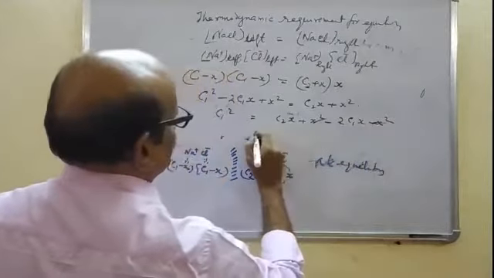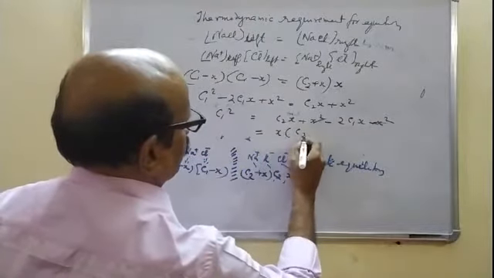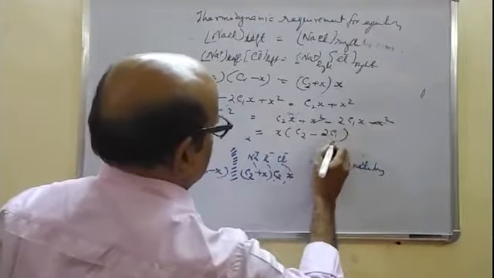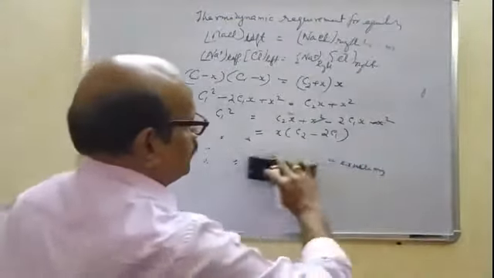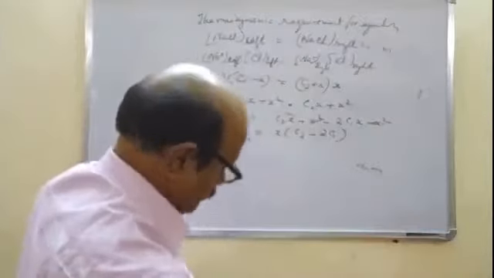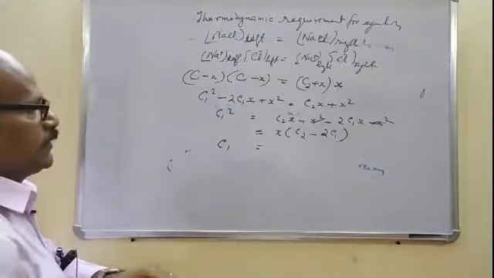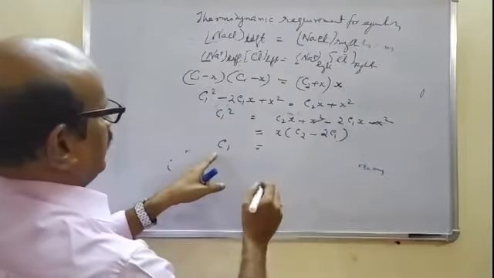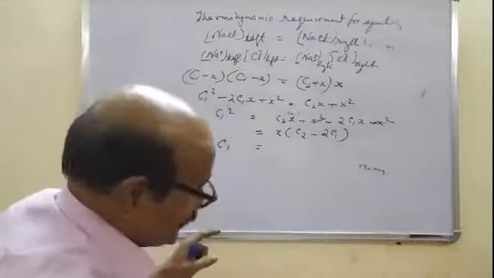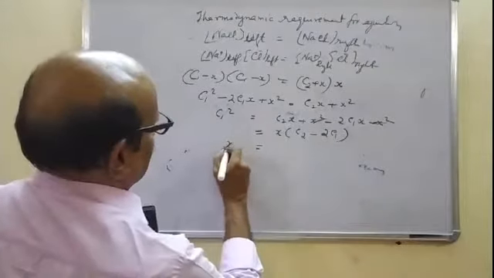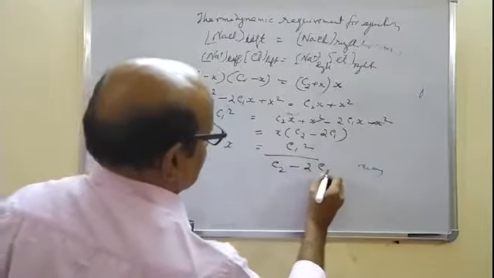That is equal to, take x outside, x into C2 minus 2C1. Therefore, oh sorry, we have to take x is equal to C1 squared by C2 minus 2C1.